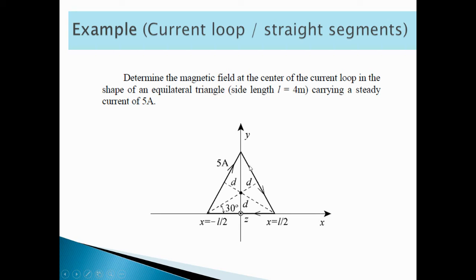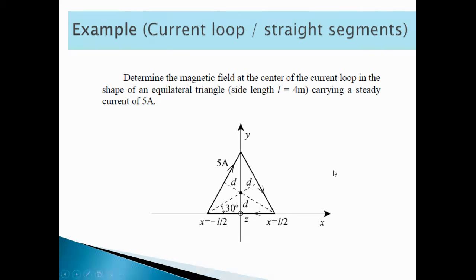This length L is 4 meters, so this is 4, and this also becomes 4 meters. Now we need to find the magnetic field due to this loop.